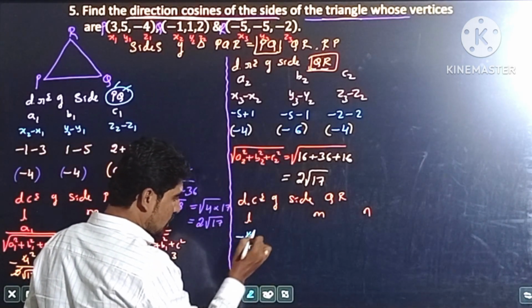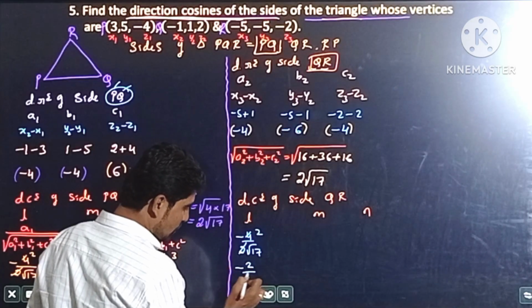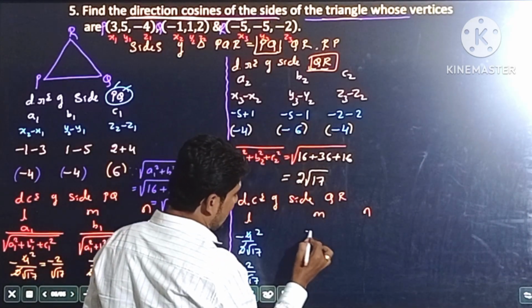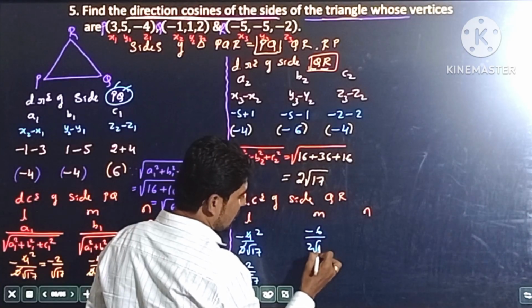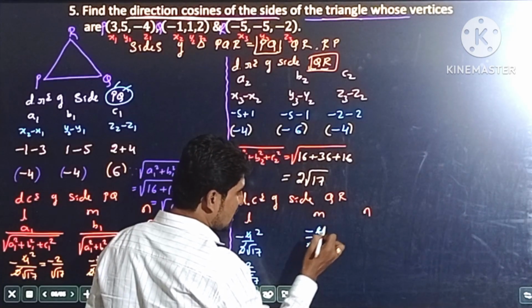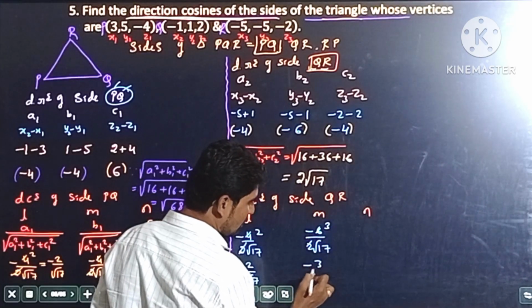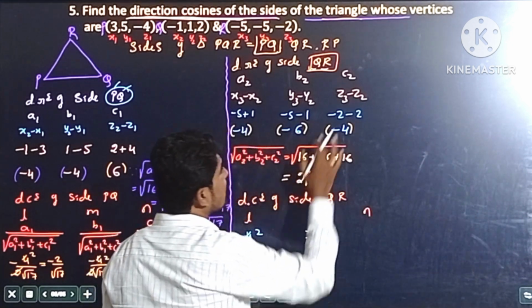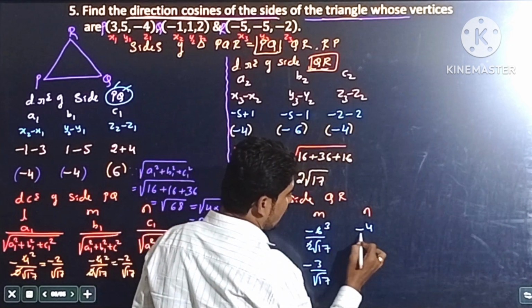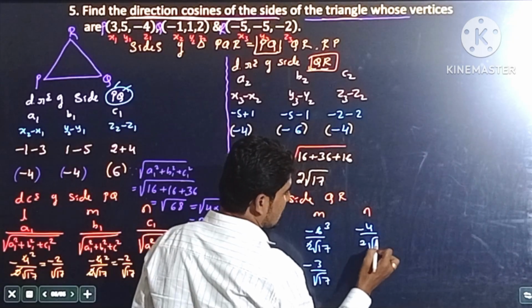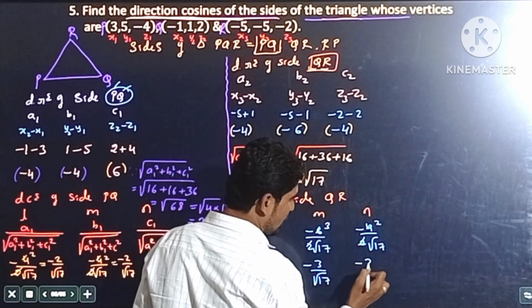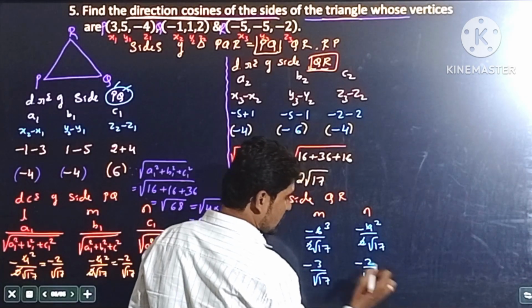So 2 ones are 2, 2 twos are 4, so the value of L is minus 2 divided by root 17. And the value of M is minus 6 divided by 2 root 17. So 2 ones are 2, 2 threes are 6. So therefore M is equal to minus 3 divided by root 17. And the value of N is minus 4 divided by 2 root 17. Same thing, 2 ones are 2, 2 twos are 4. So therefore N is equal to minus 2 divided by root 17.